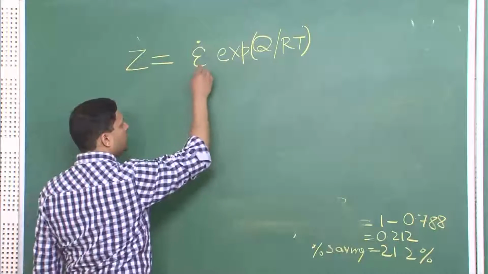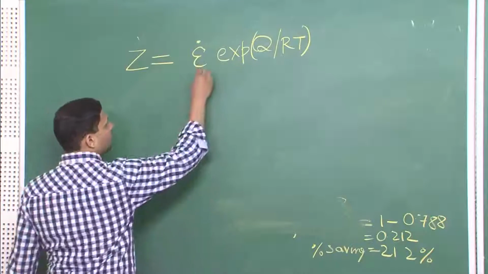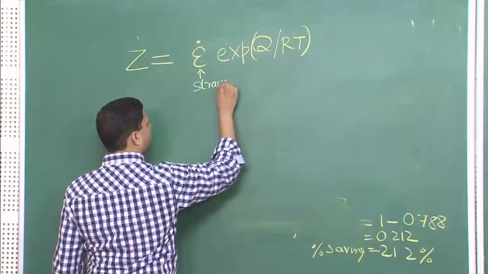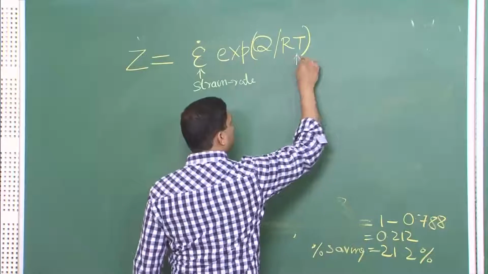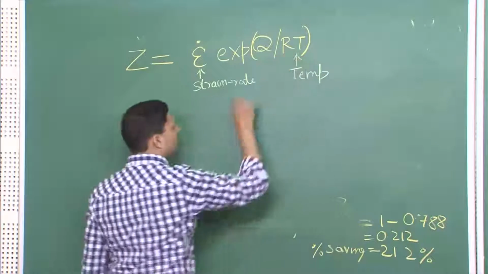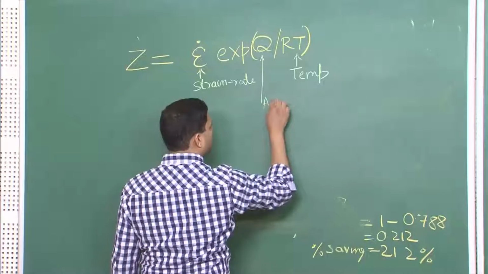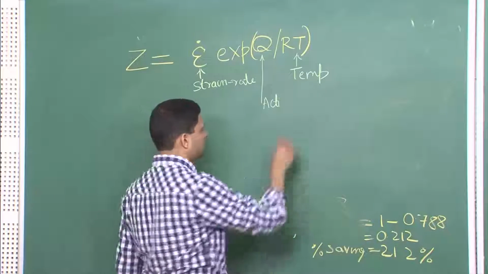So this is your usual strain rate. This is your temperature, this is your gas constant, and Q is the activation energy for the phenomena that is leading to the mass transport.